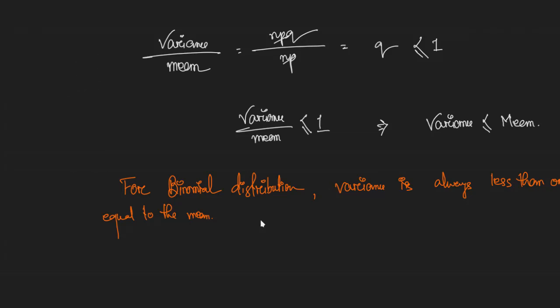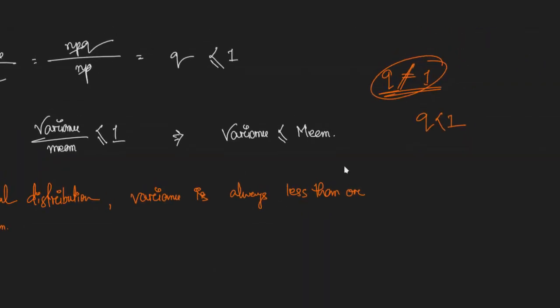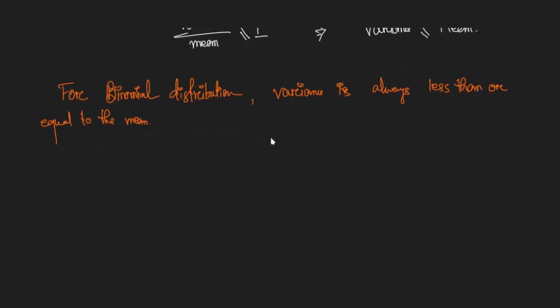Okay, so that is the property of binomial distribution, mean and variance, and the relationship between them. Keep this point in mind, because it is important: true and false or fill in the blanks, objective type questions come often, right?